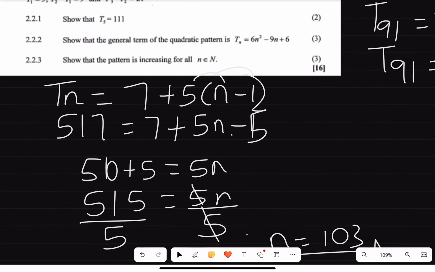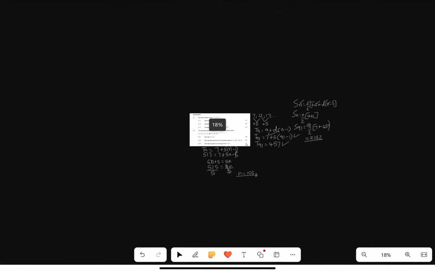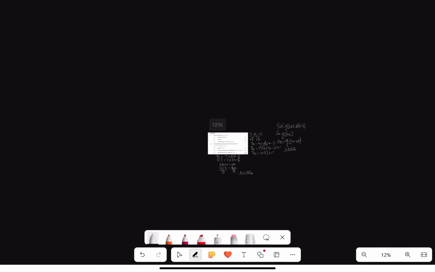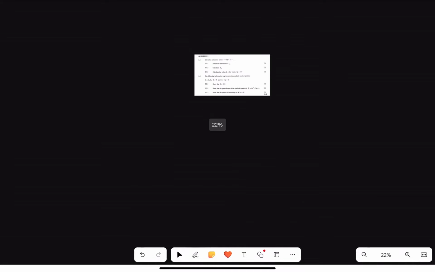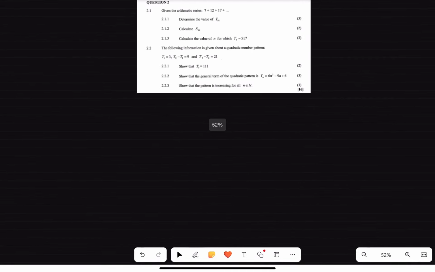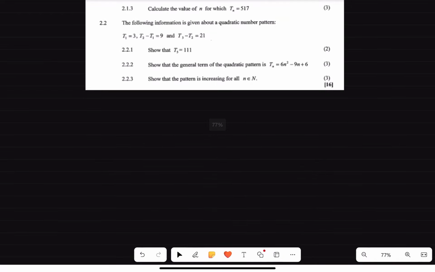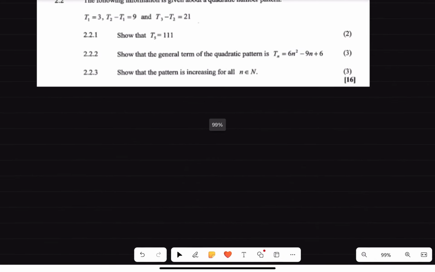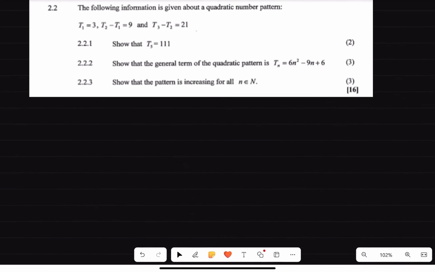Now we have to dive into a quadratic pattern. Let me just quickly erase everything so that we can have space. So question 2, they say the following information is given about the quadratic number pattern.